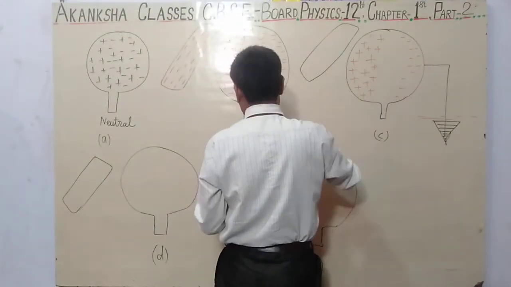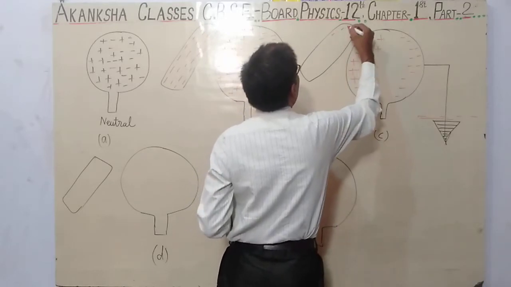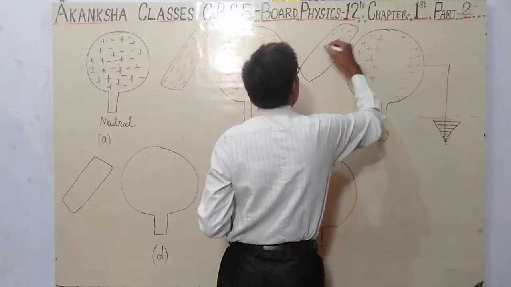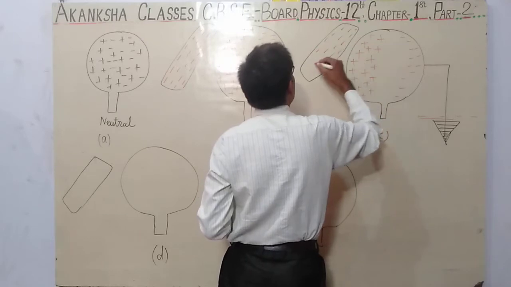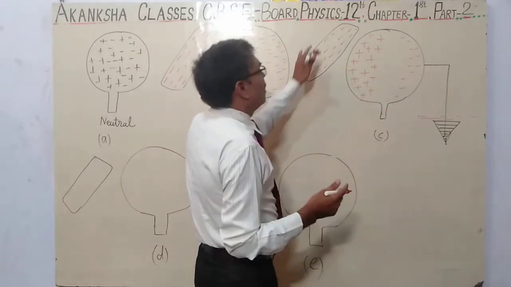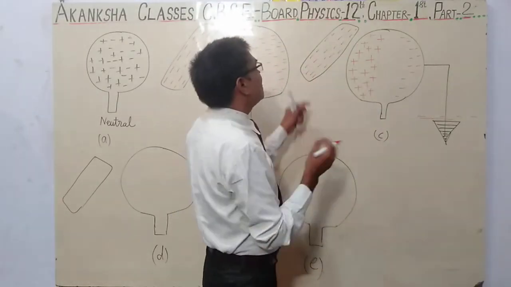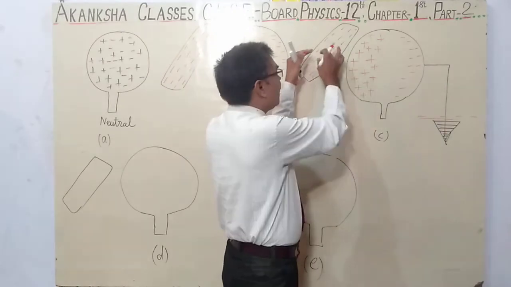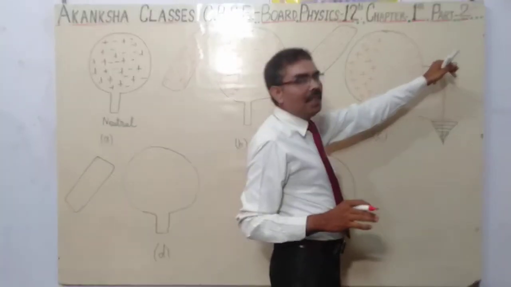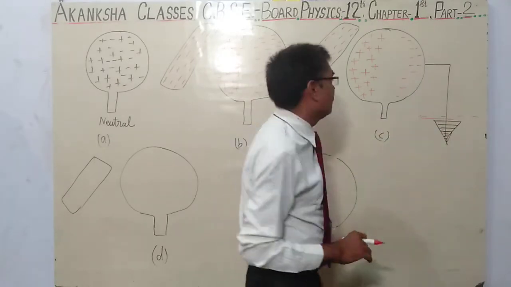And what will happen to the metallic sphere now? Because of the attraction of the negative charge body, the charge that is unlike this charge will be attracted by it, and negative charge will flow through the metallic wire and go to earth.